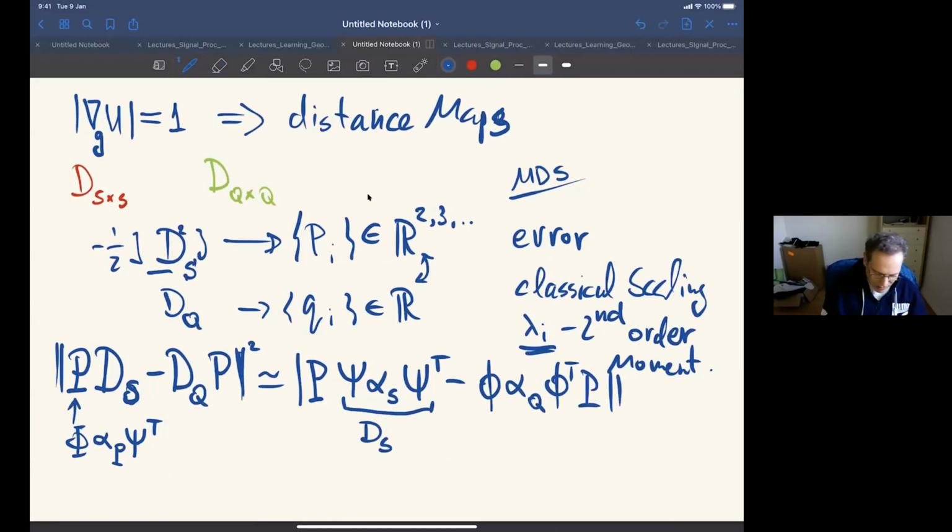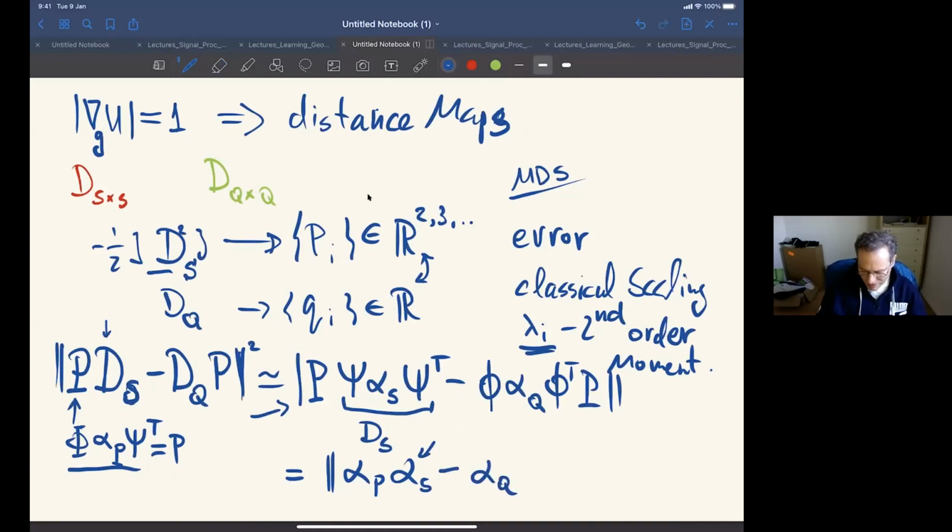And if I now plug this P into this equation, I end up with minimization of something that looks like alpha P, alpha S. Usually these are small matrices. I mean, if the D was capital N by capital N, then this would be a much smaller matrix, small n by small n, minus alpha Q times alpha P. So working in the spectral domain allows us to reduce the dimensionality of this problem into a much lower one, but it also introduces some problems.